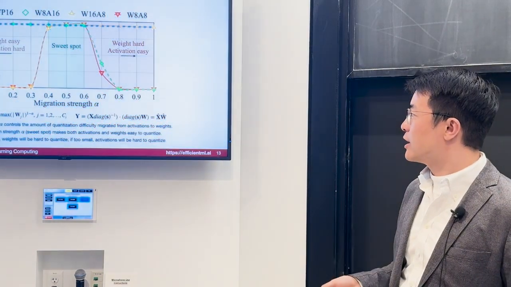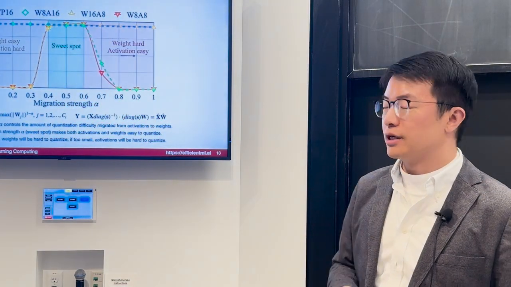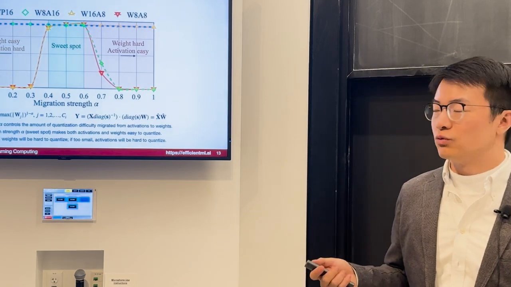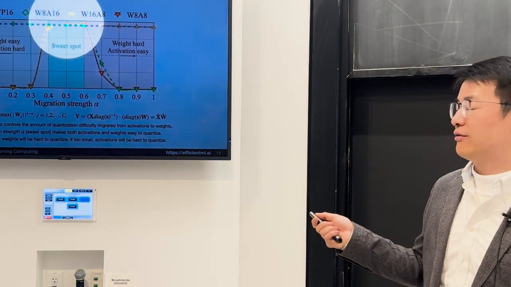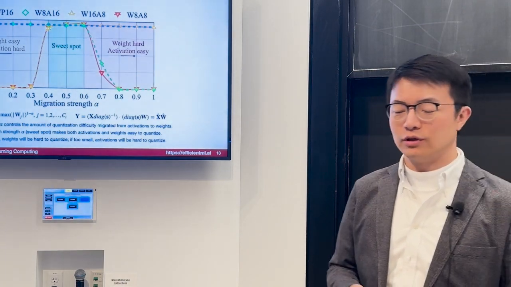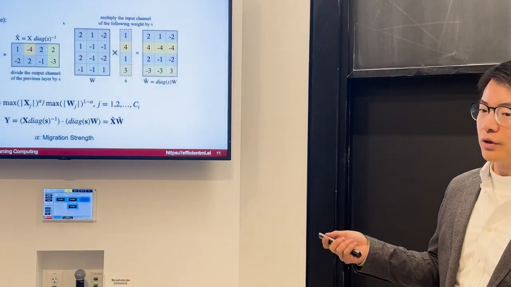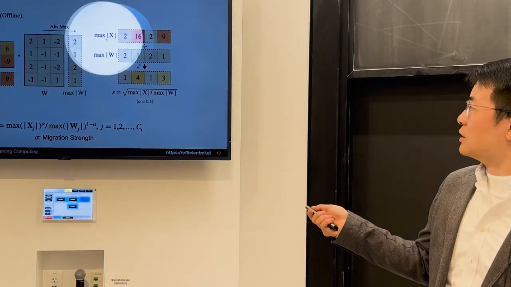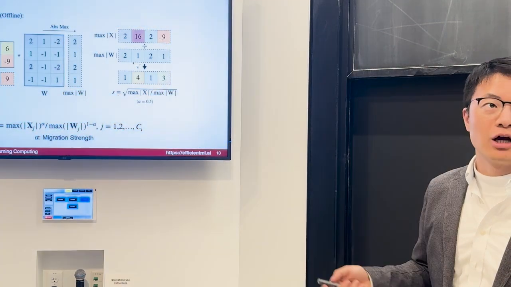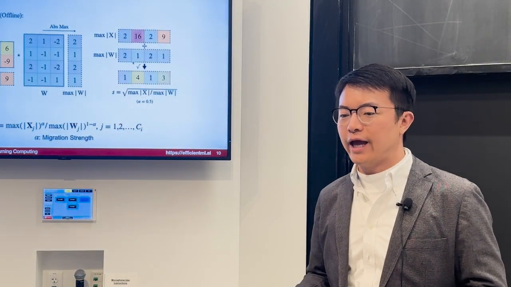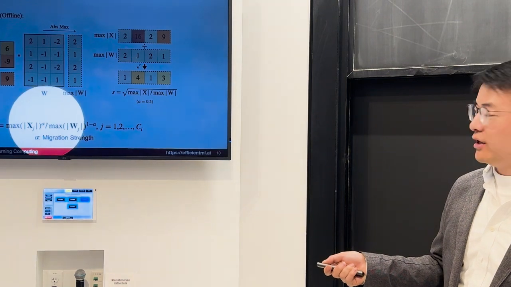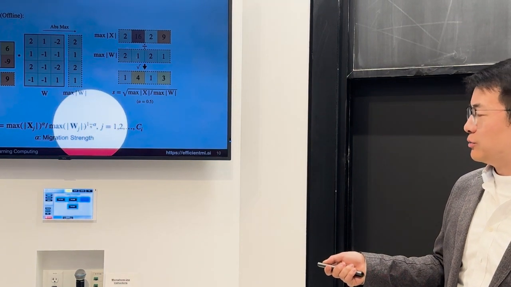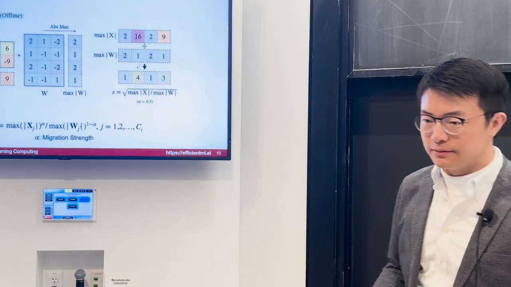Actually, if you compare the accuracy, none of them is good. But in the middle, that's the sweet spot, okay? Roughly 0.5. And that's why we did the square root right here. That's corresponding to the general case where we have X to the power of alpha and W to the power of 1 minus alpha.